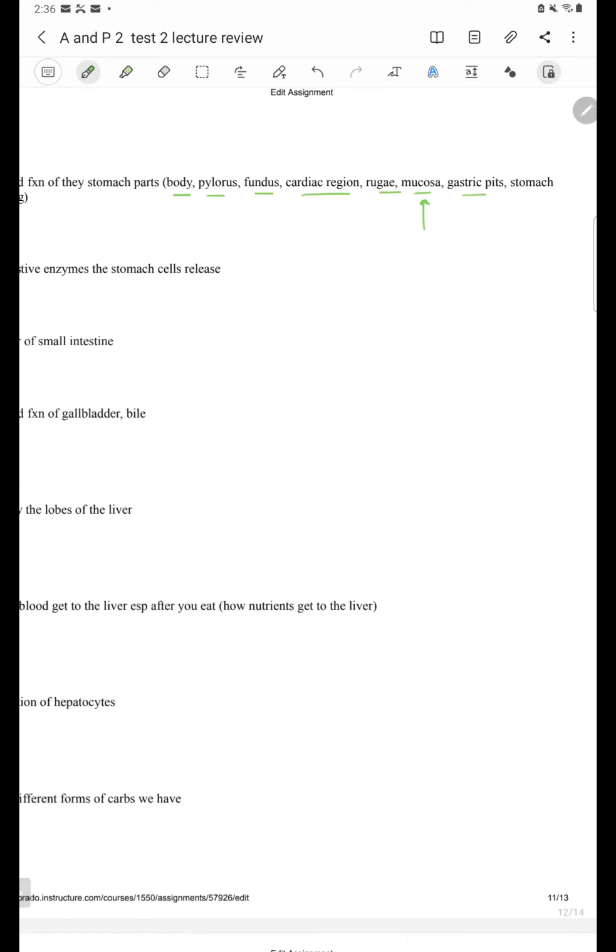Once you decrease your mucosal lining, you are at risk for gastrointestinal ulcerations. The rugae are folds within the stomach that help increase or decrease surface area, depending on if the rugae folds have come out, which would decrease surface area, or if they recess into themselves, which would increase surface area. The cardiac region is the more superior region of the stomach where the esophagus comes in.